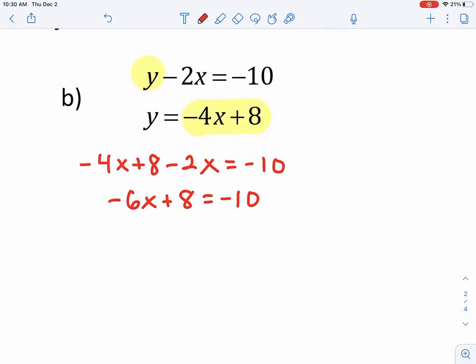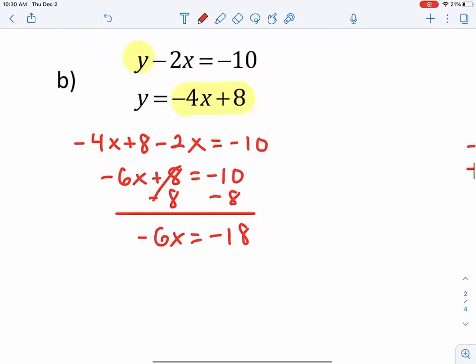Then I'm going to subtract the 8 over. So we have -6x is equal to -18. And I divide by -6, and so x comes out to be 3. So we are halfway home.